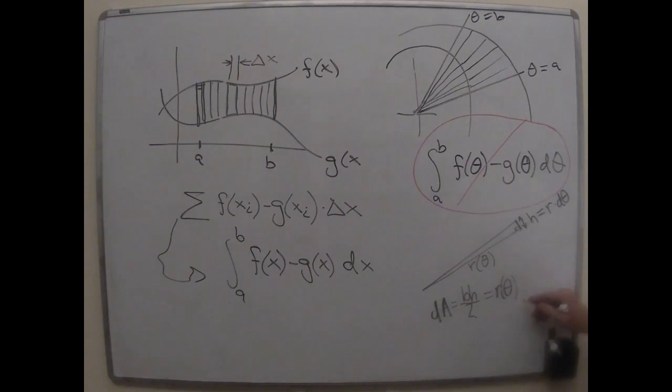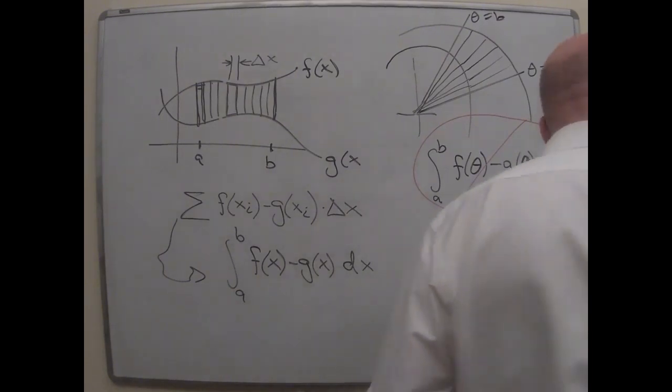The height is r of theta times d theta. And there's the over 2 bit. So in other words, r of theta squared over 2, 1/2 of r squared of theta d theta.